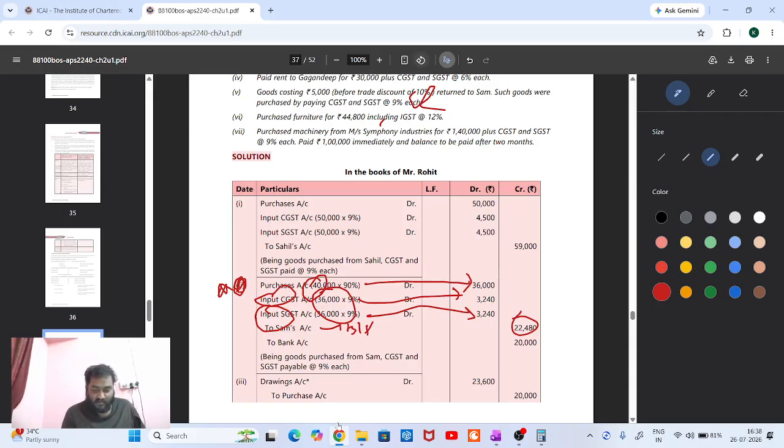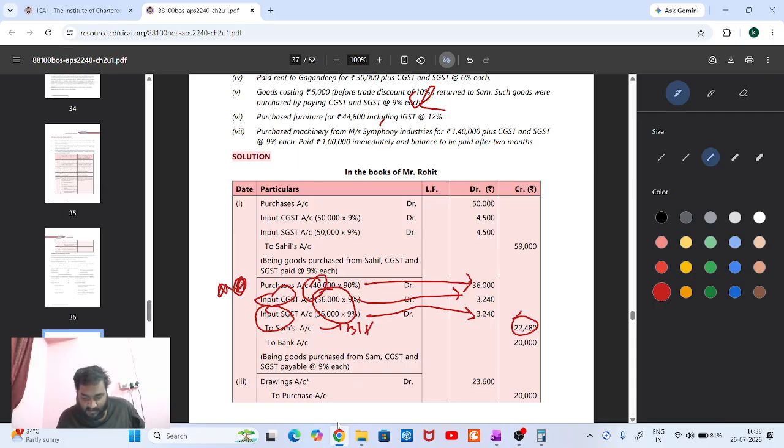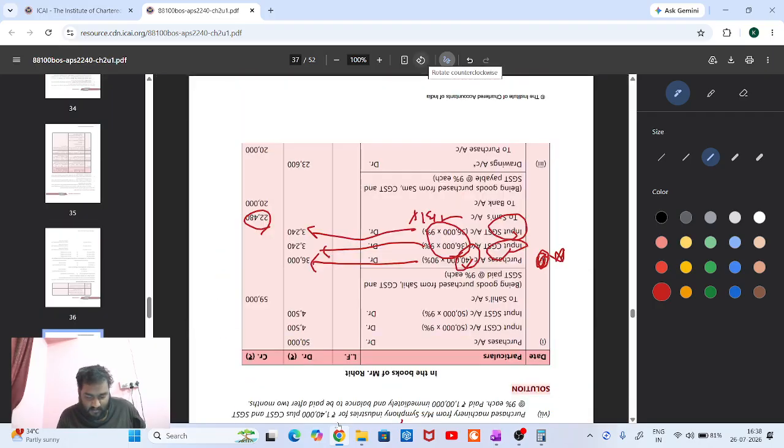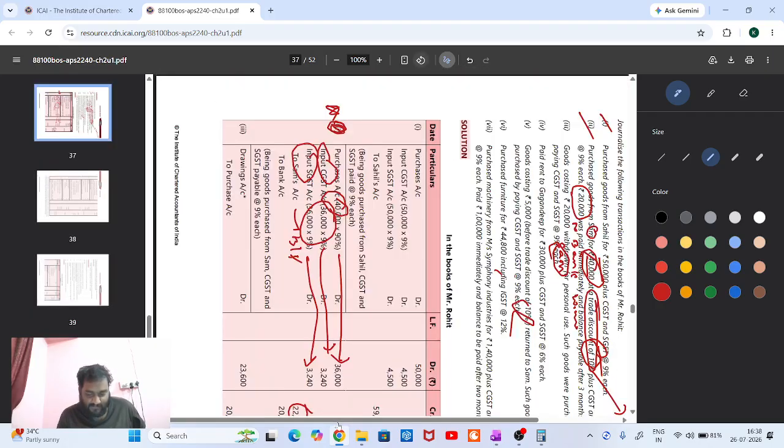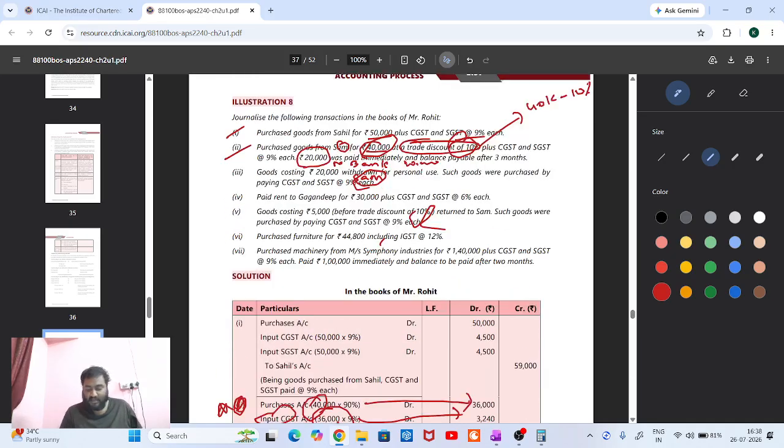Basically, what the journal entry is trying to show is: purchases, input CGST, input SGST, to creditor.